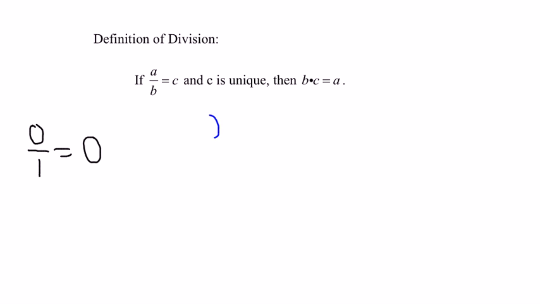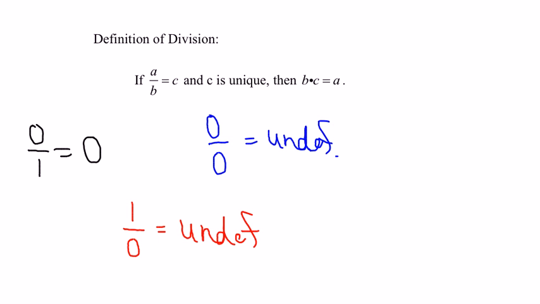We can say that 0 over 0 equals undefined. And of course, last but not least, what we're a lot of times faced with is 1 divided by 0, which is still undefined.